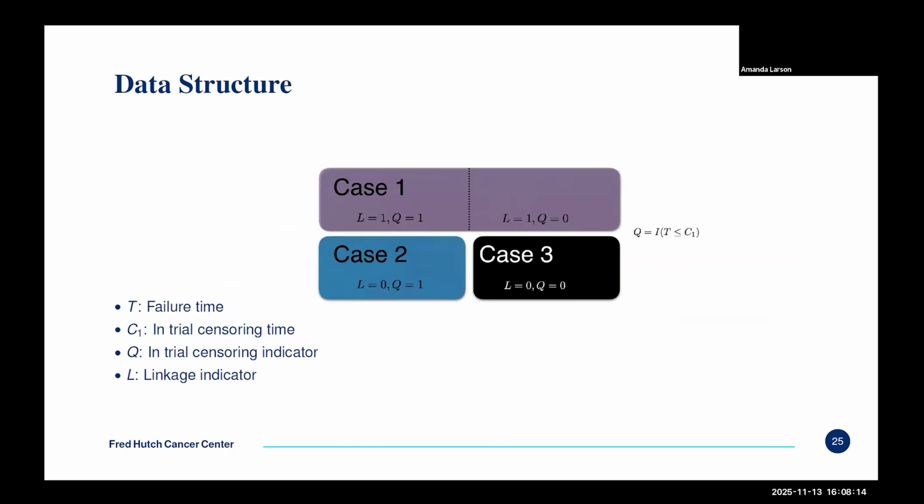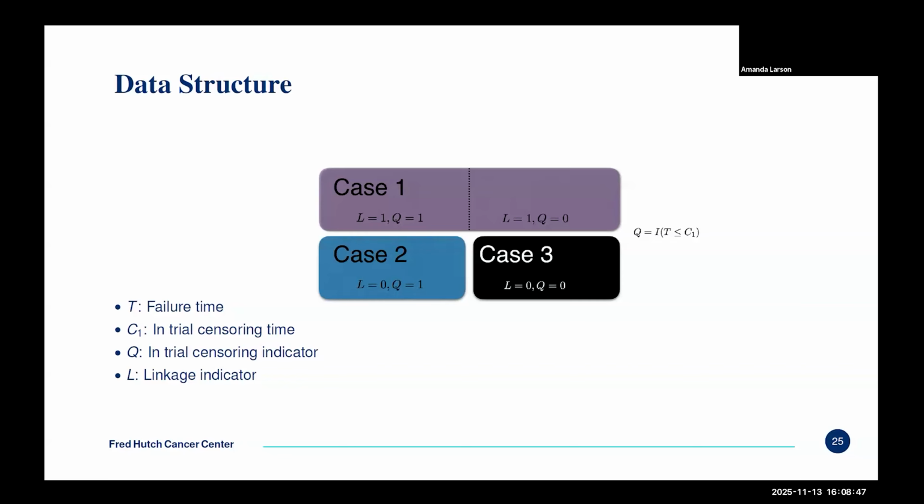Now we can look at these data linkage issues. It essentially categorizes participants into different categories depending on whether they are linked or censored in the trial. Here in our study, the failure is either developing prostate cancer or death.